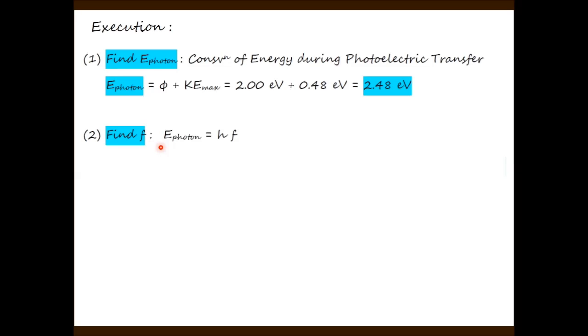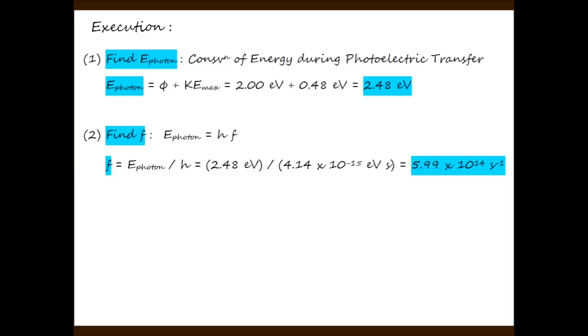Next, we use the quantization formula for light to obtain the frequency of the incident light. In this formula, the energy of each photon is given by Planck's constant multiplied by this frequency. It is important to note that in this problem we are going to use electron volt as our unit of energy. We will therefore use the version of Planck constant given in electron volts.